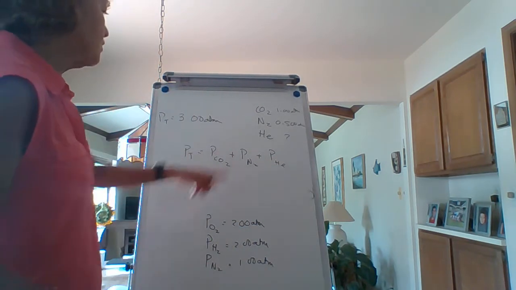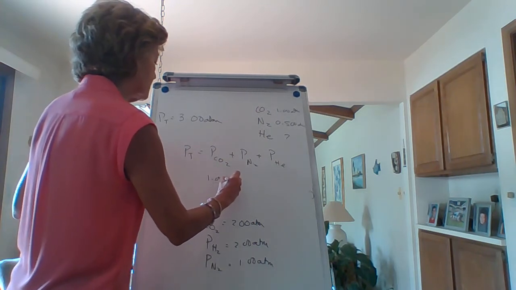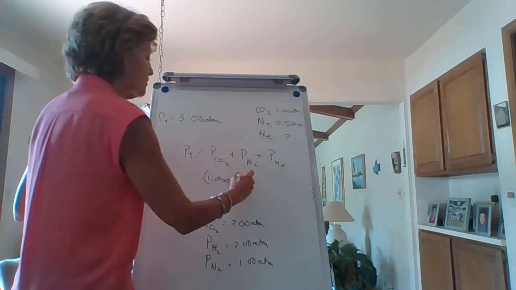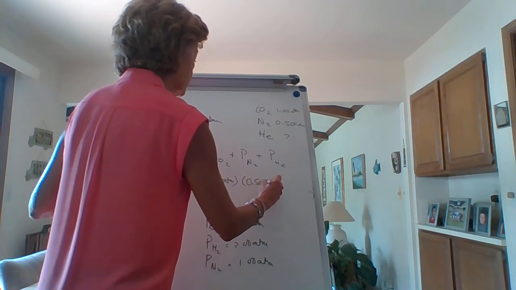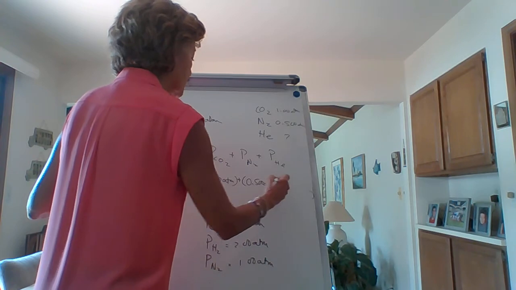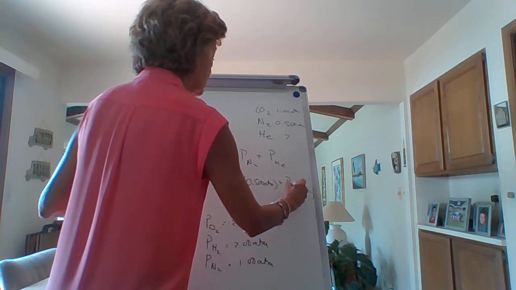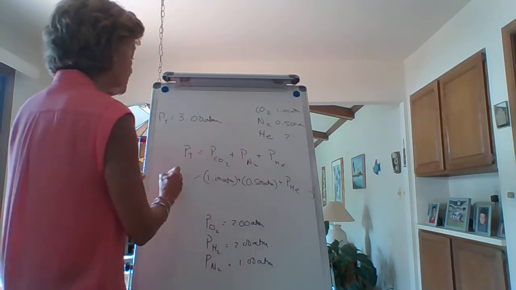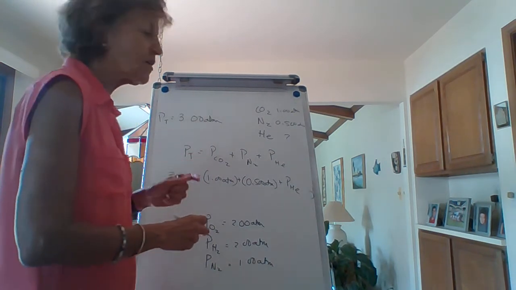Okay, so you know that the pressure of the carbon dioxide is 1 atmosphere. The pressure of the nitrogen is 0.5 atmospheres. These are your adding. And then the pressure of the helium, that's your unknown. Pressure of the helium is the unknown. Total pressure is 3 atmospheres. Seems really easy, right?